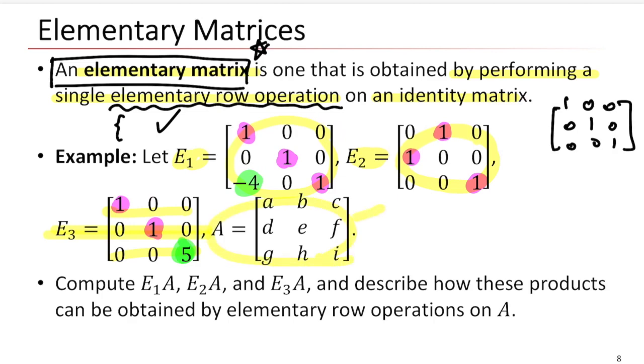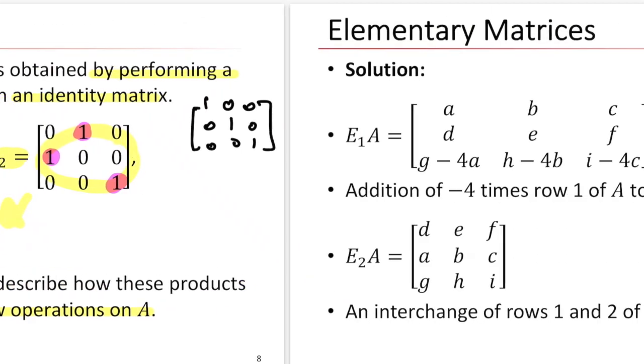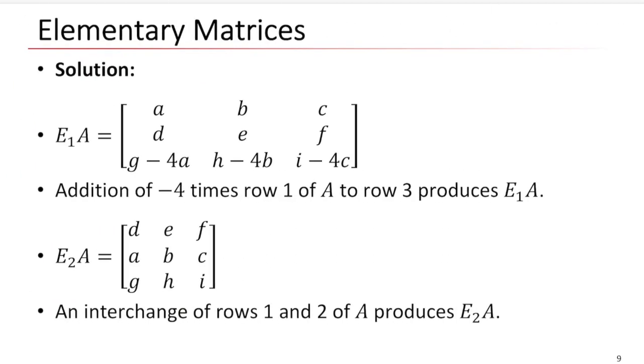So in this case, there is a matrix A here. Let's compute E1 times A, E2 times A, and E3 times A, and describe how each product can be obtained by an elementary row operation on A. Okay, let's see.